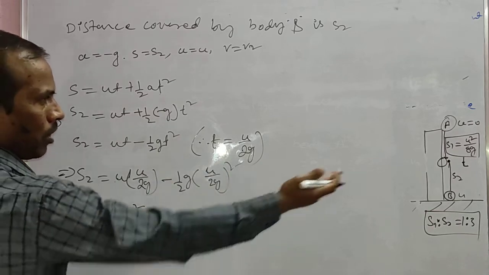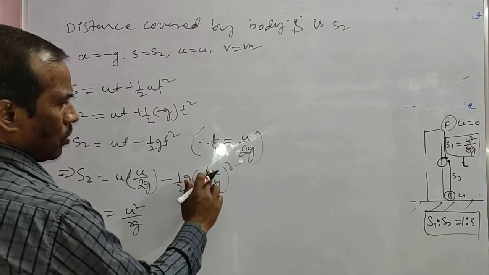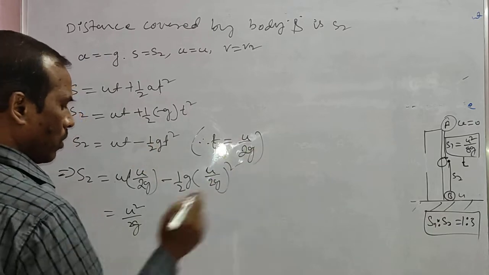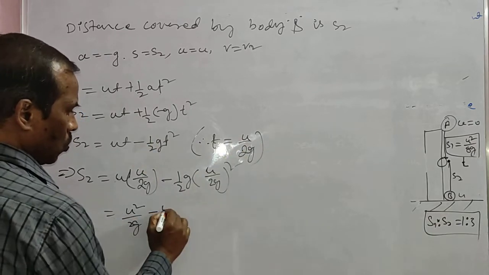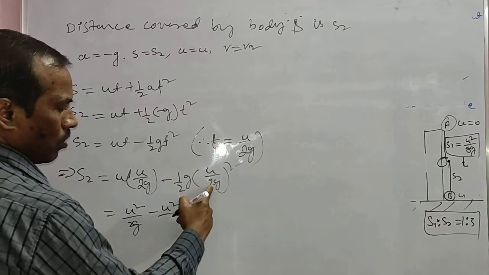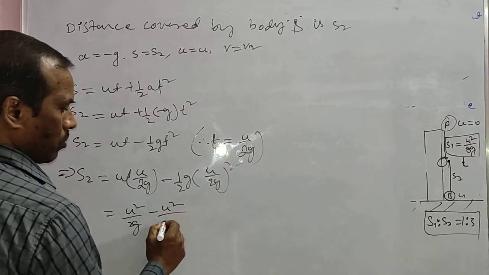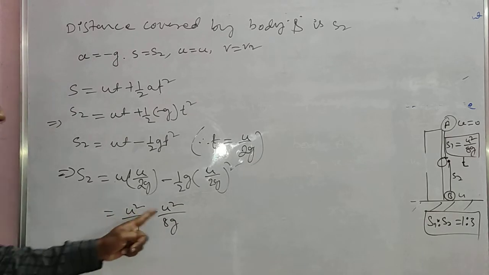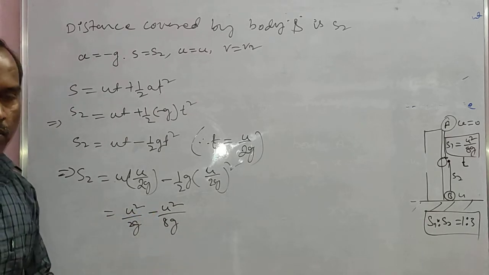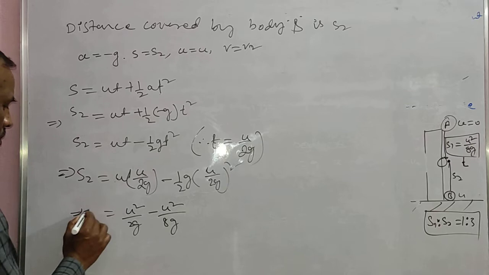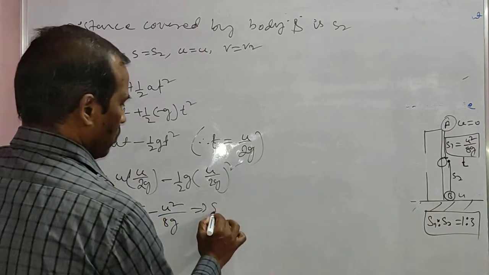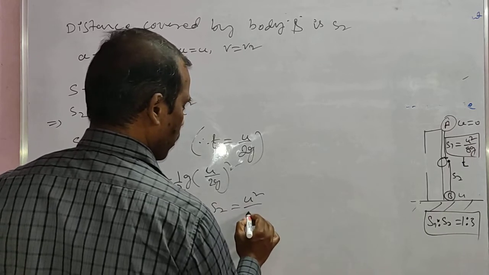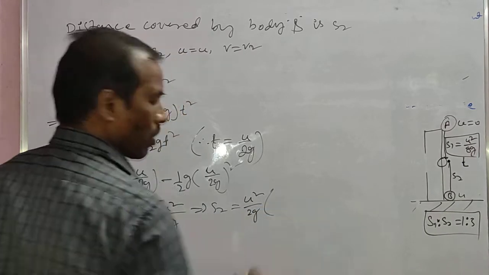In the total terms, u square by 4g square, g gets cancelled, remaining minus u square by 8g, since 2 twos are 4, 4 twos are 8. Taking u square by 2g common, S2 is equal to u square by 2g.